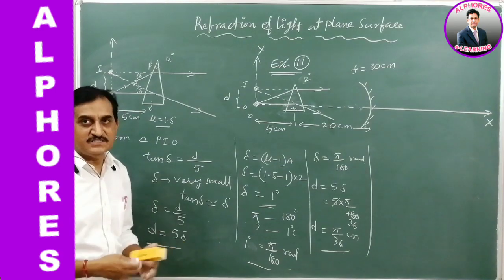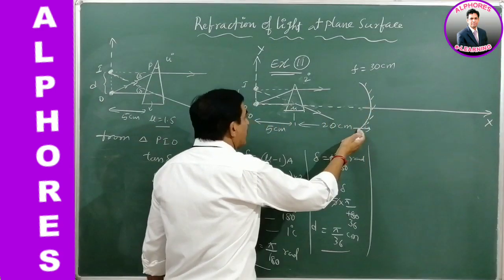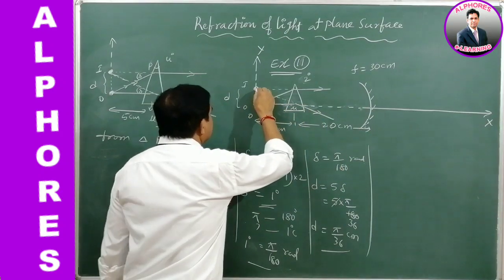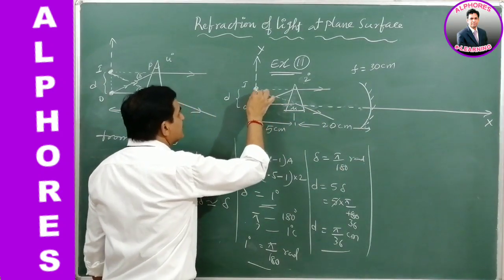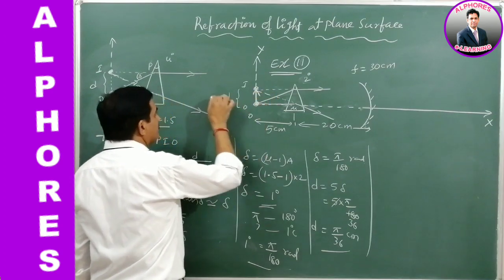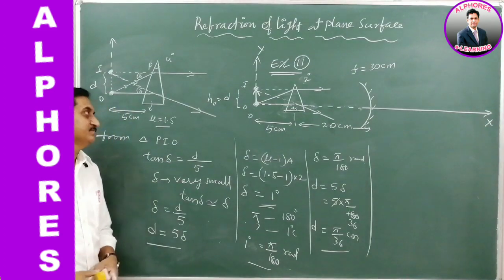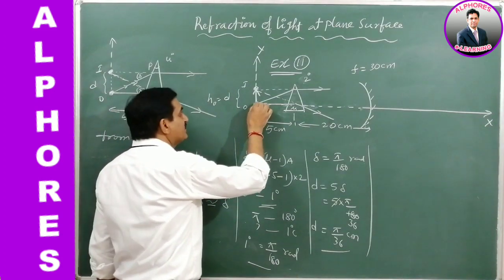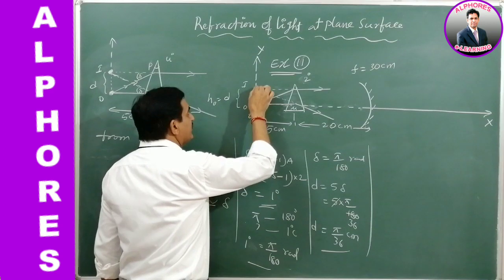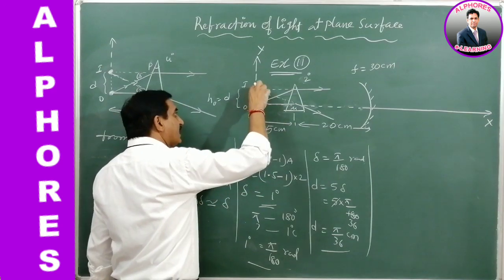So at which location, let us find it. The focal length is 30 centimeters. This whole thing, from here to here extended, is taken as an object, simply the height of the object. Actually a point sized object is kept here, and its image is formed at a certain height, and as a whole we imagine that this is the height of the object.